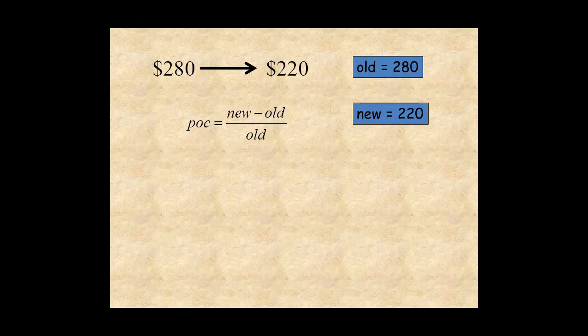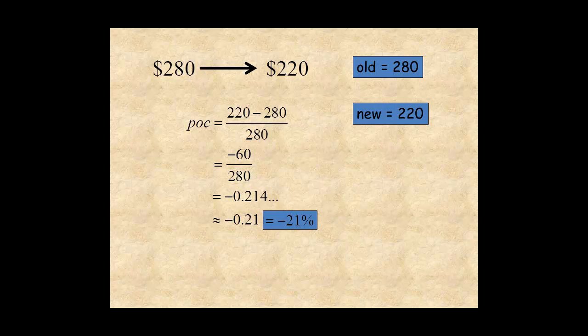So the percent of change is 220 minus 280 divided by 280, which is negative 60 over 280, or about negative 0.21. So the percent of change is negative 21%. Notice that when a quantity decreases, the percent of change is negative.